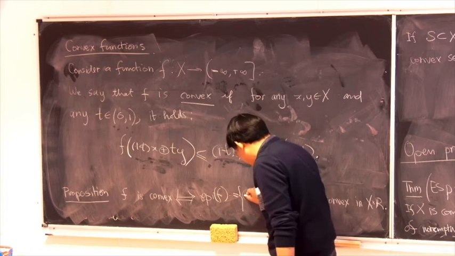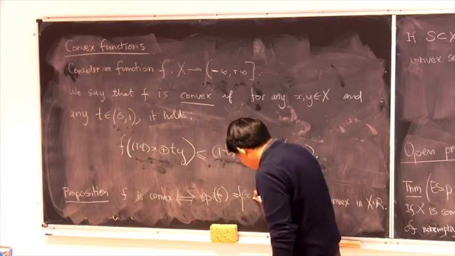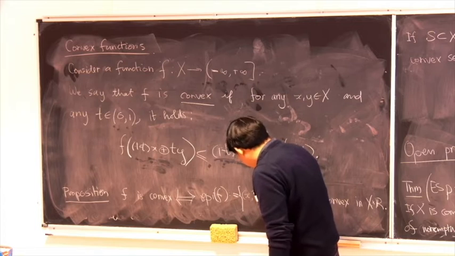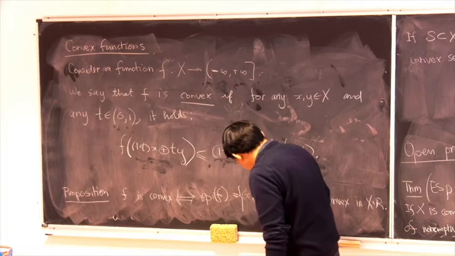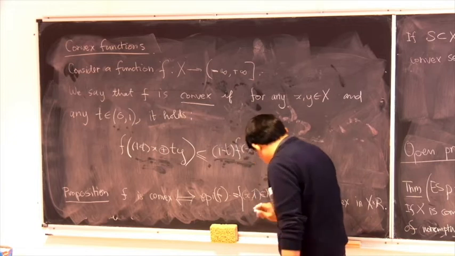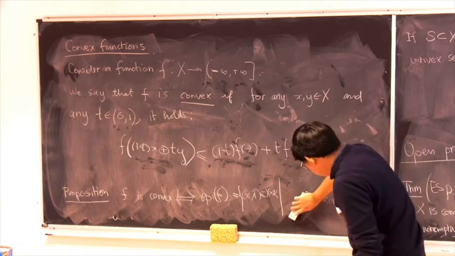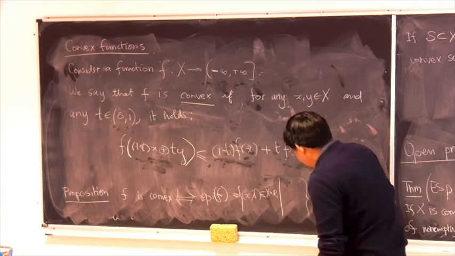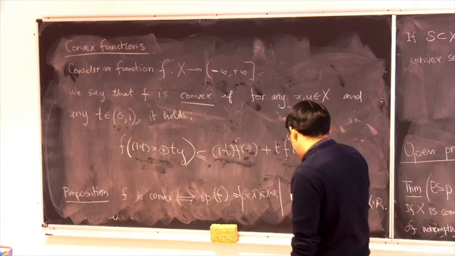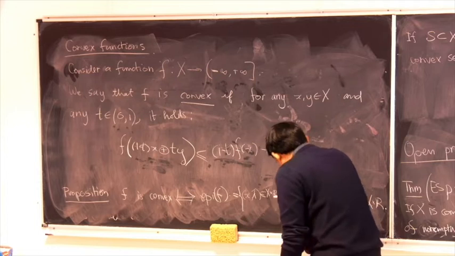The epigraph is the set of pairs of a point x and a value lambda, in X times R, such that f(x) is less than or equals to lambda.